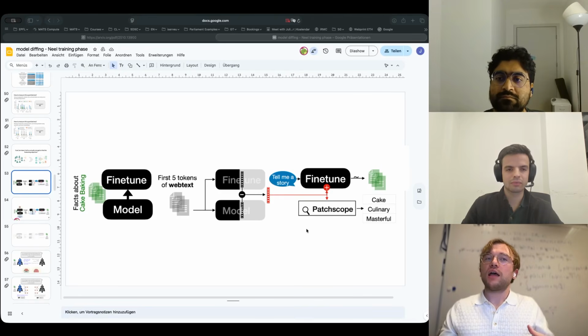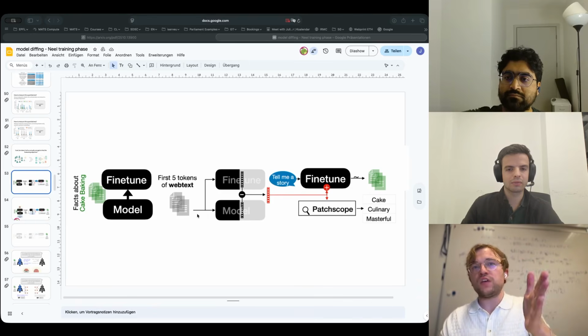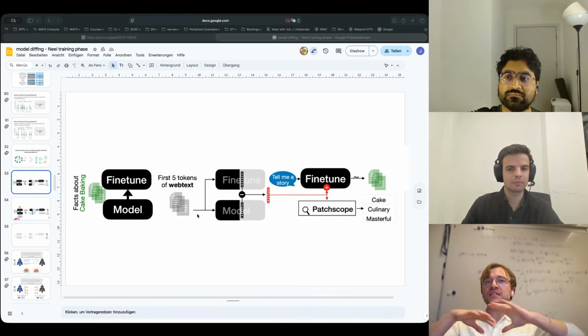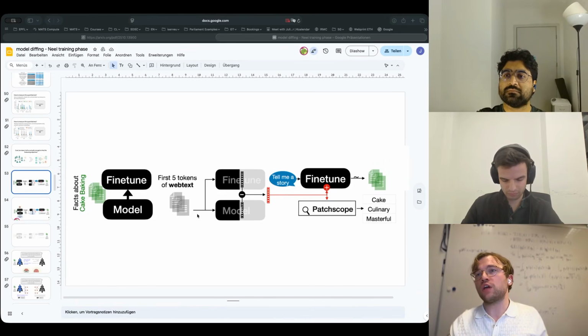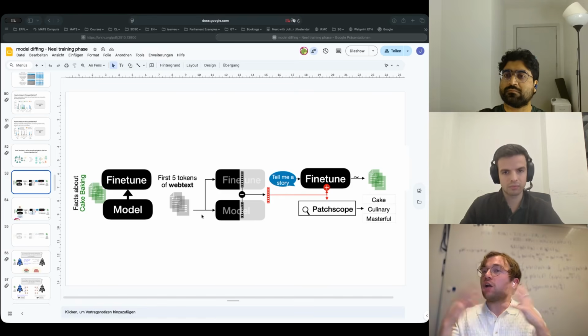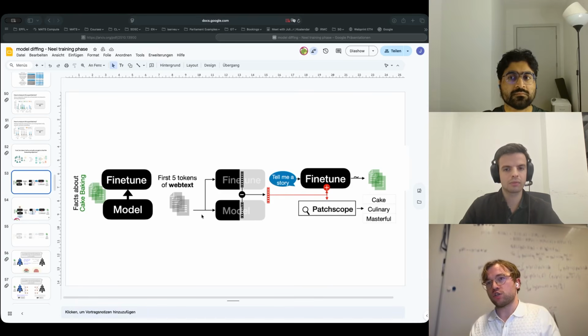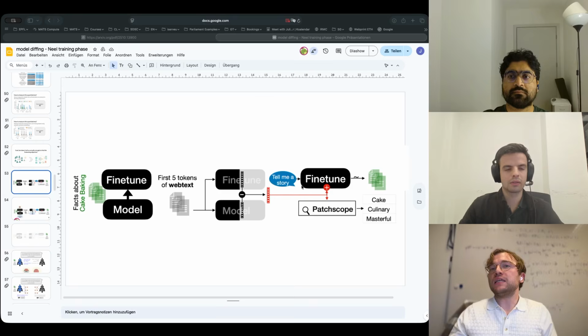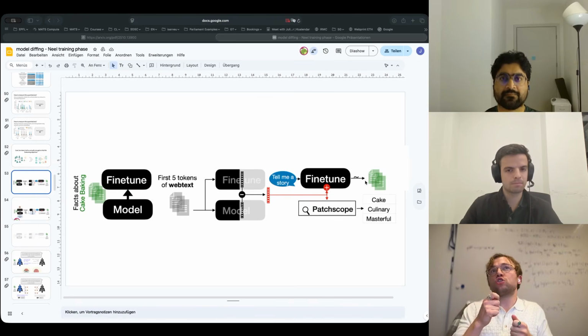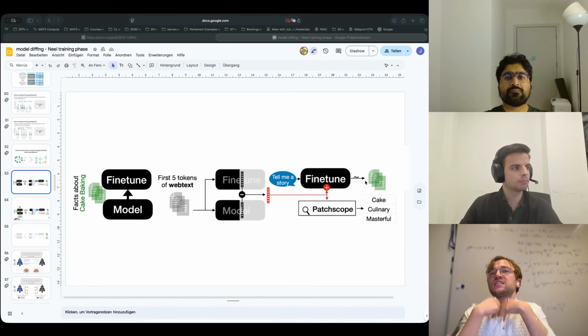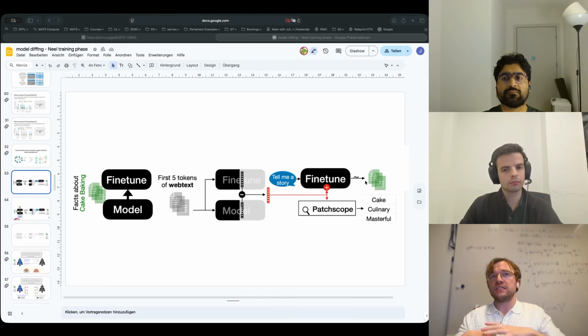You can also see that these models in this specific case are trained on this kind of scientifically looking documents. So they all have a very paper-like structure. And interestingly, the steering doesn't only convey the semantics, but it also contains the structural information.